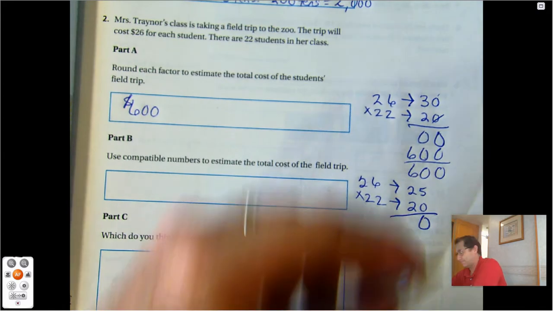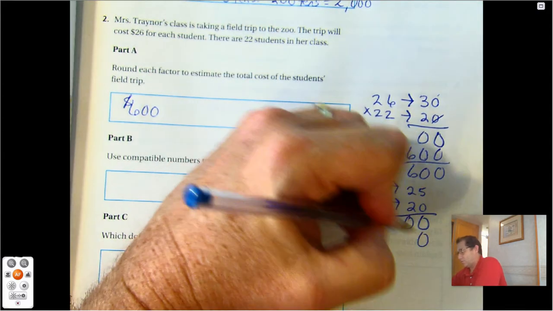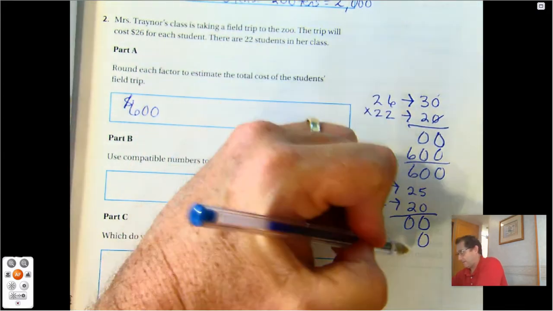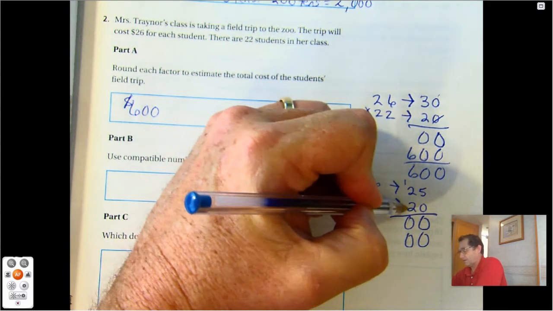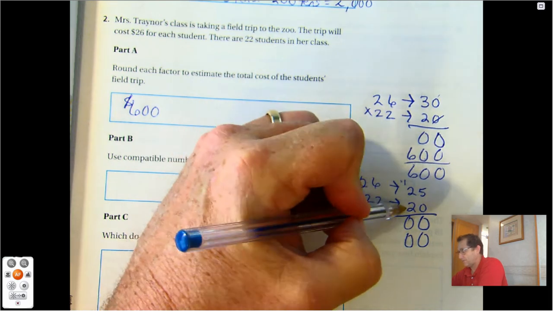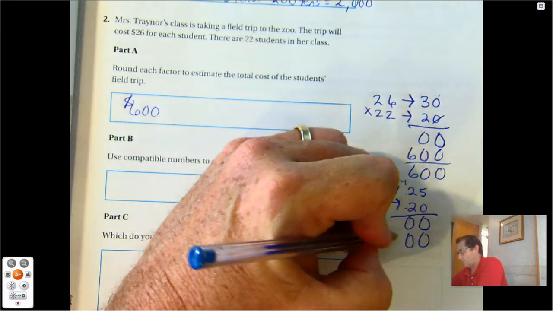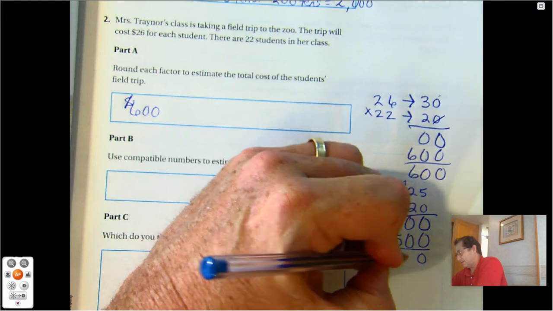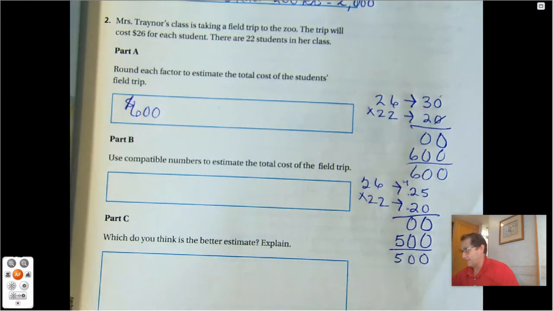Well, 0 times 25 is 0. And 2 times 5 is 10. Regroup the 10 ones as 1 ten. 2 times 2 tens is 4, plus 1 more is 5. So 25 times 20 is 500.